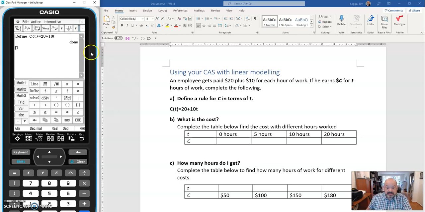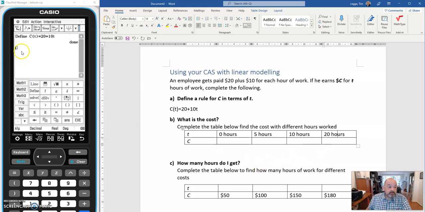So the next table is going to be really easy for us to complete. We're going to complete the table to find out the cost associated with different hours worked. How much does it cost if he works 0 hours, 5 hours, 10 hours, 20 hours?